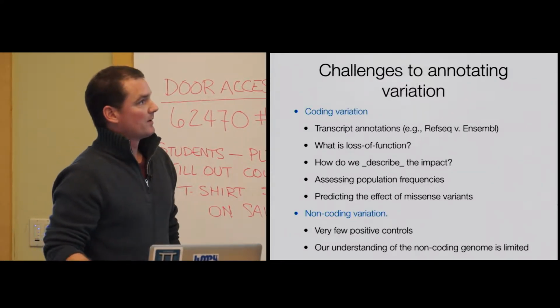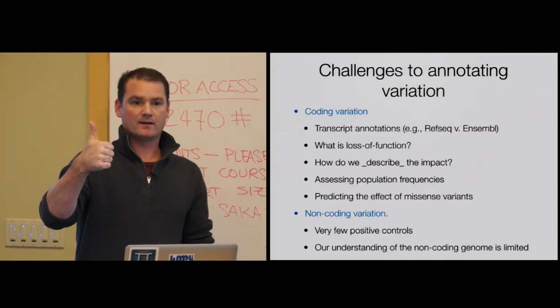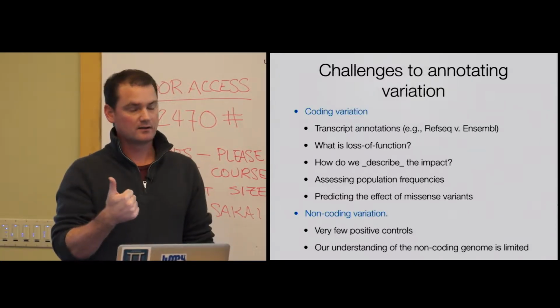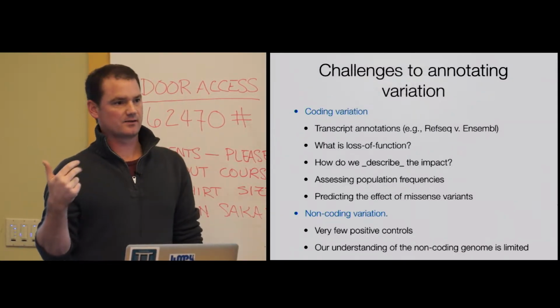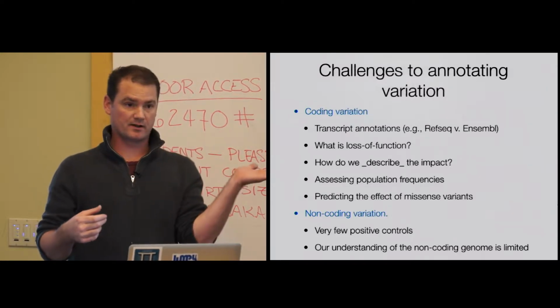So really what we're dependent upon to make these predictions is, A, we have to choose a set of transcripts that we want to use to do this type of annotation. There's Ensembl transcripts, there's UCSC transcripts, there's RefSeq transcripts. So that's one dimension of the complexity.